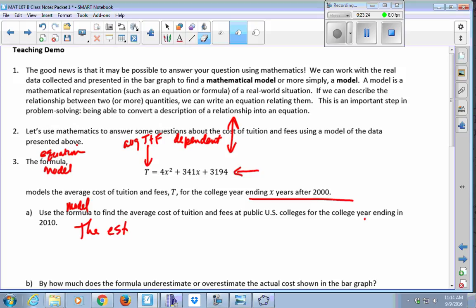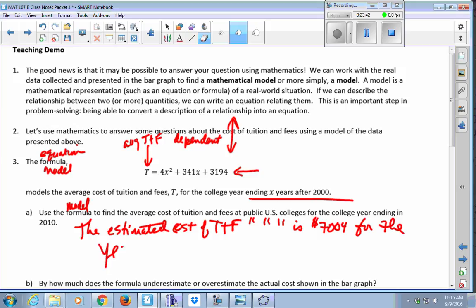The estimated cost of tuition and fees at, and I'm just going to do this, public U.S. colleges. Yeah. For the year 2010. Yep. Okay. Good. Estimated cost. According to the model, you can always start off with that.